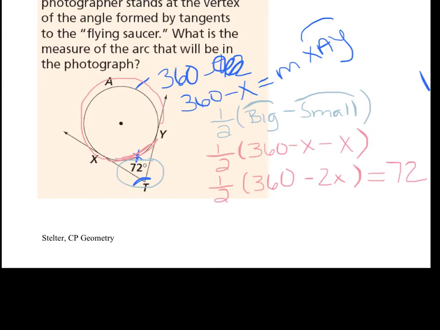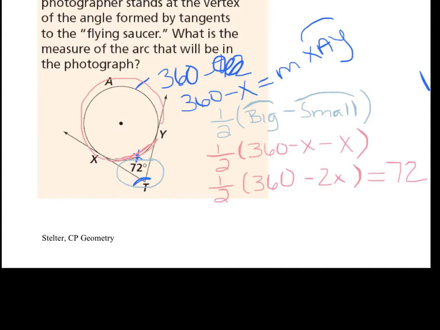So when I do that, I can simplify this. Now you can distribute the 1/2 to the 360 if you want, and then to the 2x. That's perfectly fine. Or you can multiply both sides by 2. It's totally up to you, whatever you want to do. To deal with smaller numbers, I think I'll go ahead and distribute the 1/2. But if these weren't even numbers, then you wouldn't want to do that.